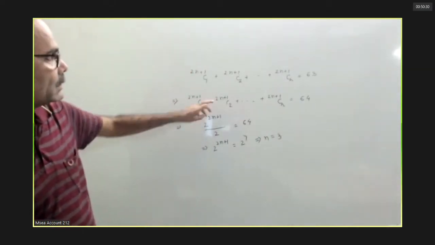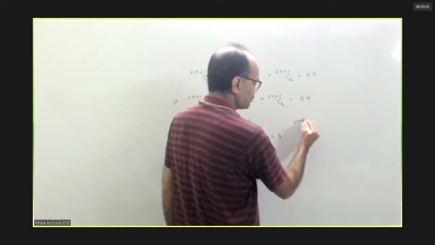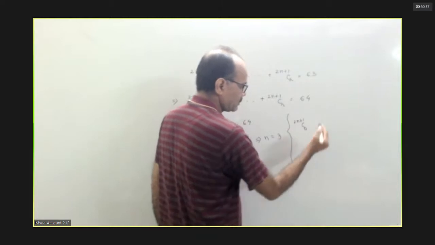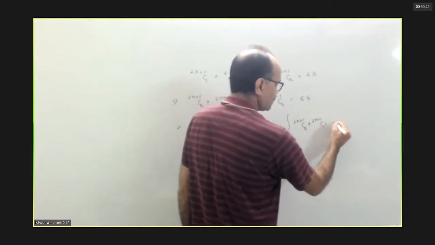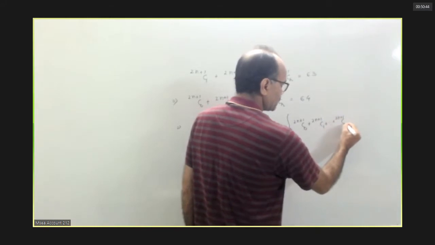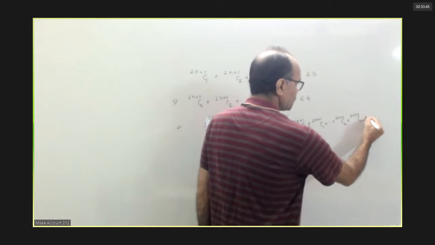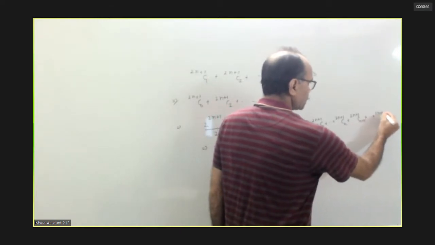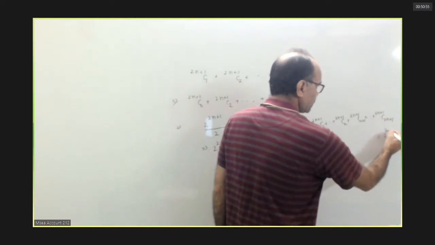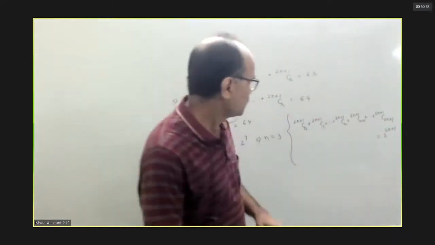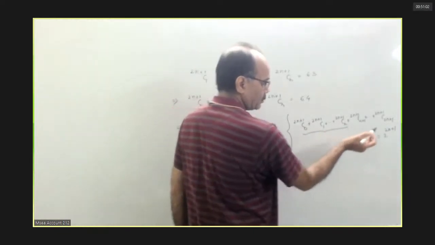See, if you take these binomial coefficients 2n plus 1 C0 plus 2n plus 1 C1 plus 2n plus 1 Cn, 2n plus 1 Cn plus 1, up to 2n plus 1 C 2n plus 1, this equals 2 to the power 2n plus 1. The total number of binomial coefficients is 2n plus 2.